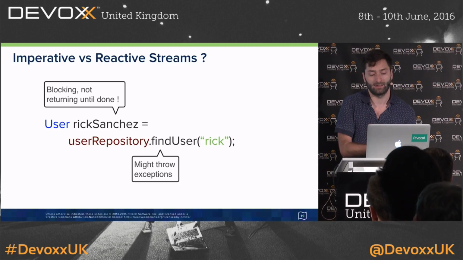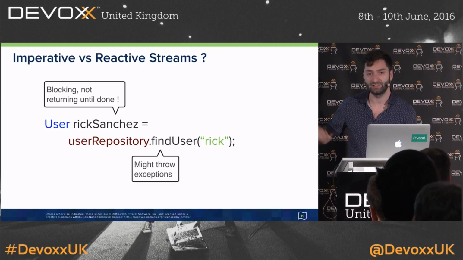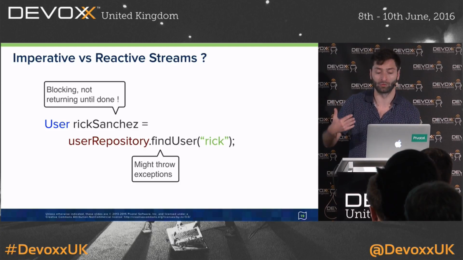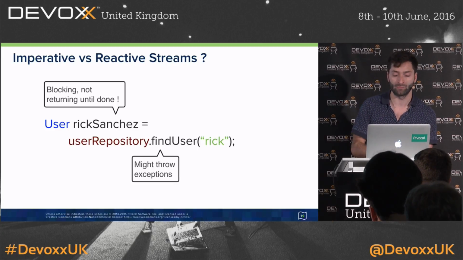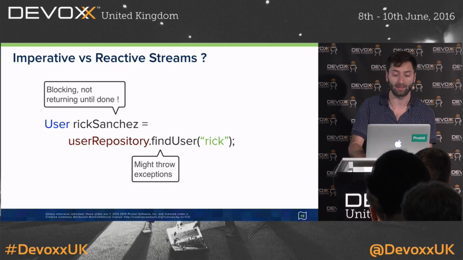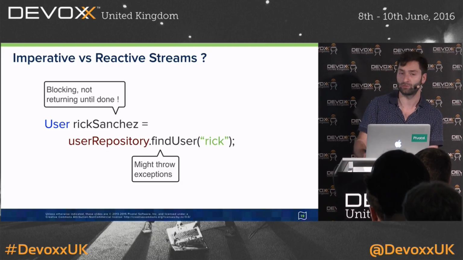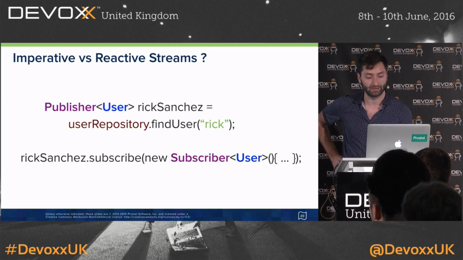In that case, you don't really know, because it's going to throw an exception. You will have to catch the exception. It's going to impact your call in any case. You have to deal with that in the main thread, which is not good, because if you fail that and it's a thread serving resources like an HTTP thread, you don't want to fail it. You want to isolate that to the downstream component.